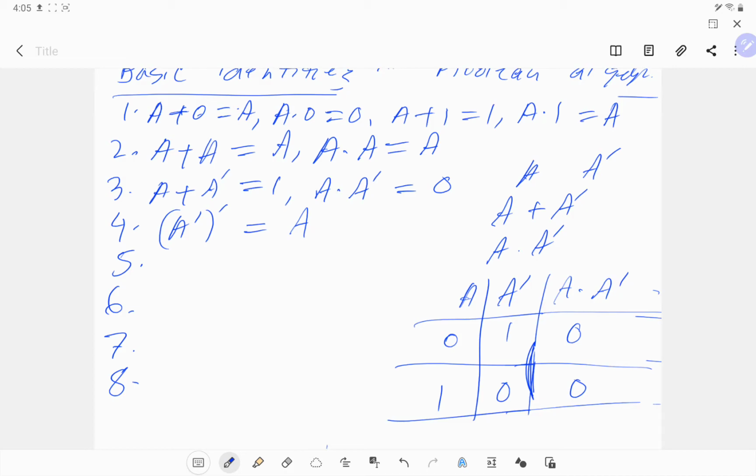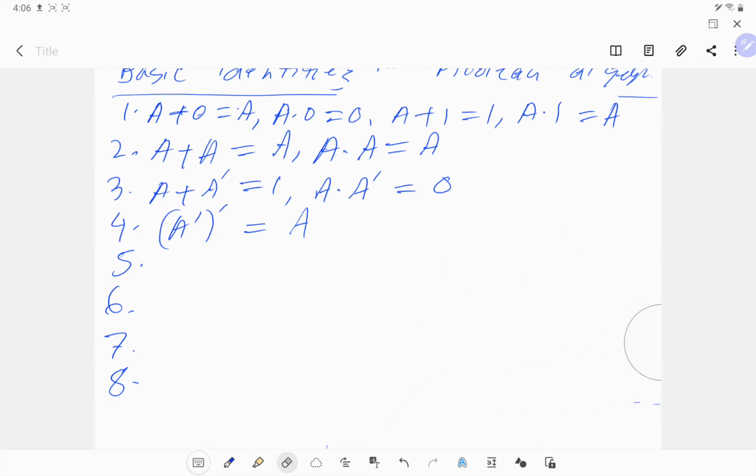Now we have four more identities. The first identity among these four is called the commutative principle.